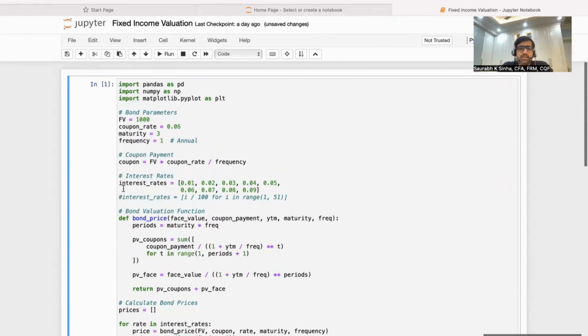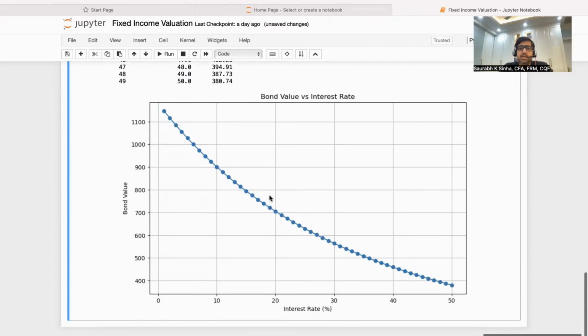And you will understand this if I say that please increase the interest rate not from 1 to 9%, but 1 to 50%. And let's plot it. See, now you can understand the curvature. Even for 3 points, it is not linear because the rise in the bond price for the same interest rate change is always going to be higher than the fall.